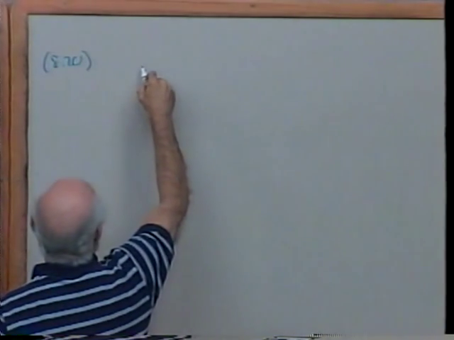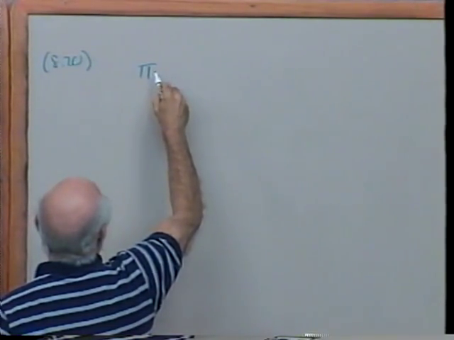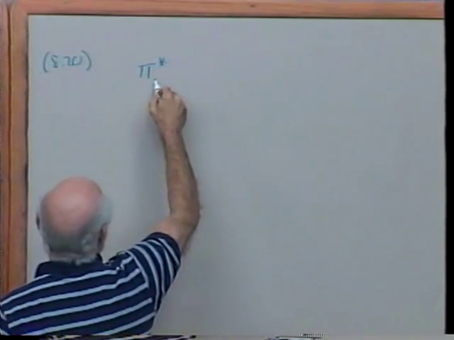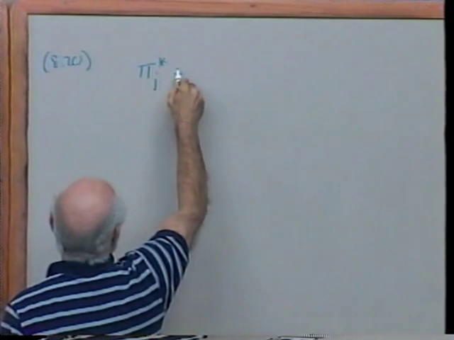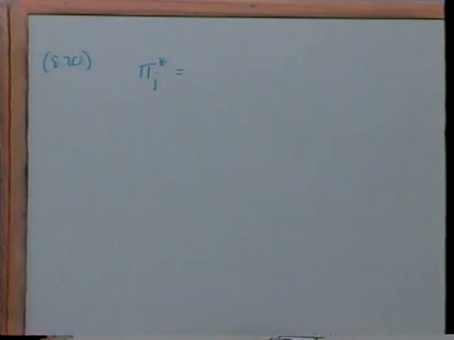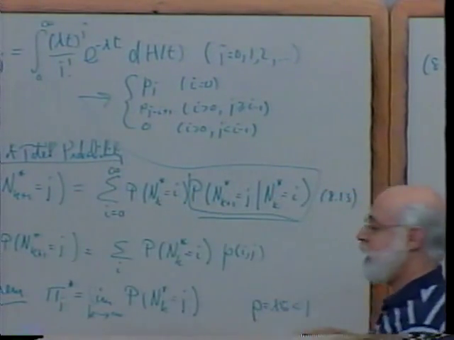The probability that a departing customer in equilibrium leaves behind j is equal to... Okay, now we have this sum here. This sum runs from i equals 0 to infinity. When i equals 0, let's look at that term.